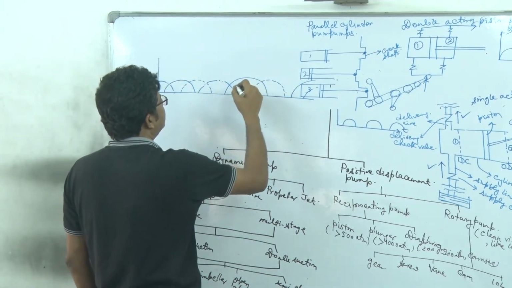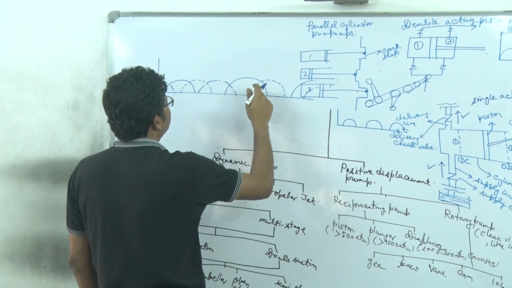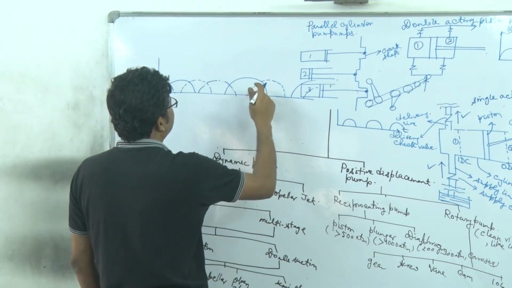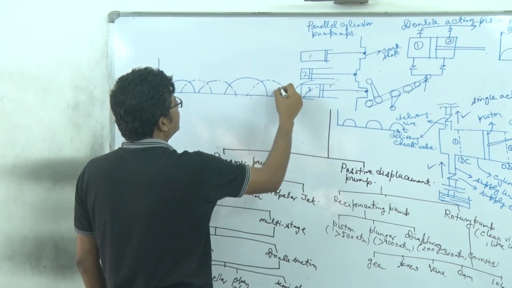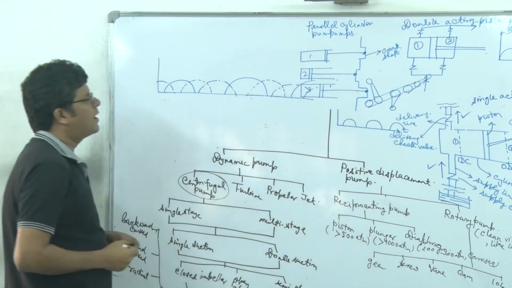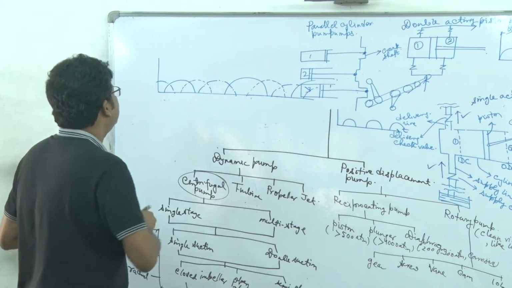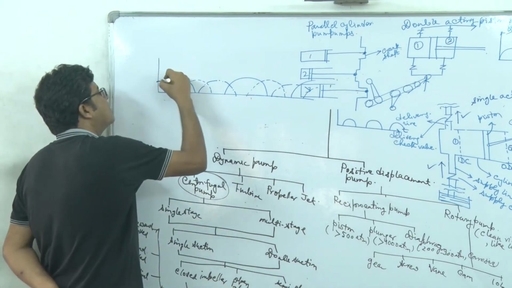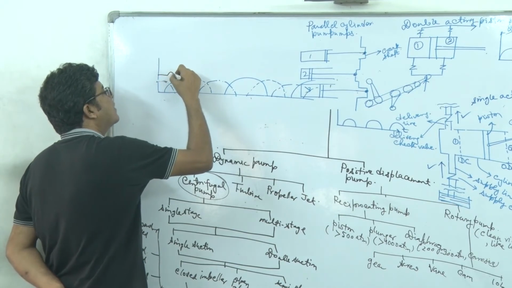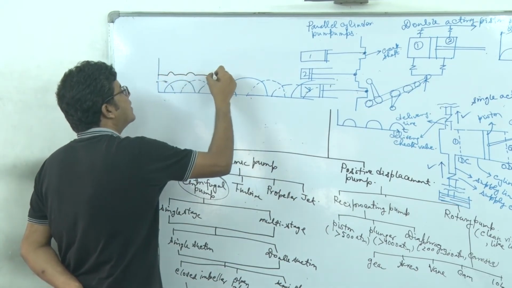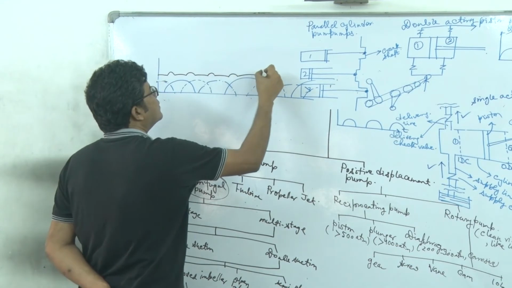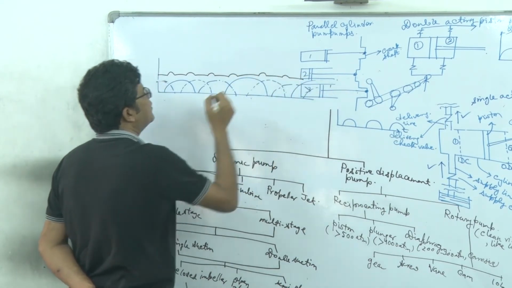Right? So overall, we will have a nearly constant flow rate like this. So it is simply the superimposition of the individual graphs.